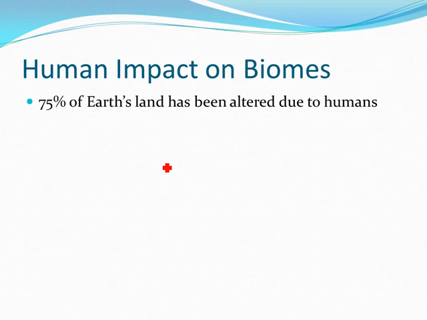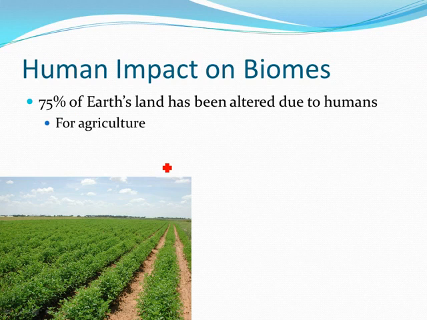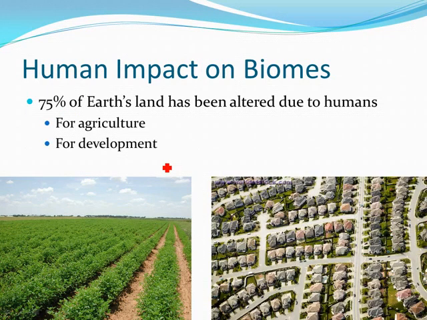So we do have an impact on biomes on the Earth. 75% of Earth's biomes have been altered somehow by humans, mainly for agriculture and also for development, to help house us and whatnot.